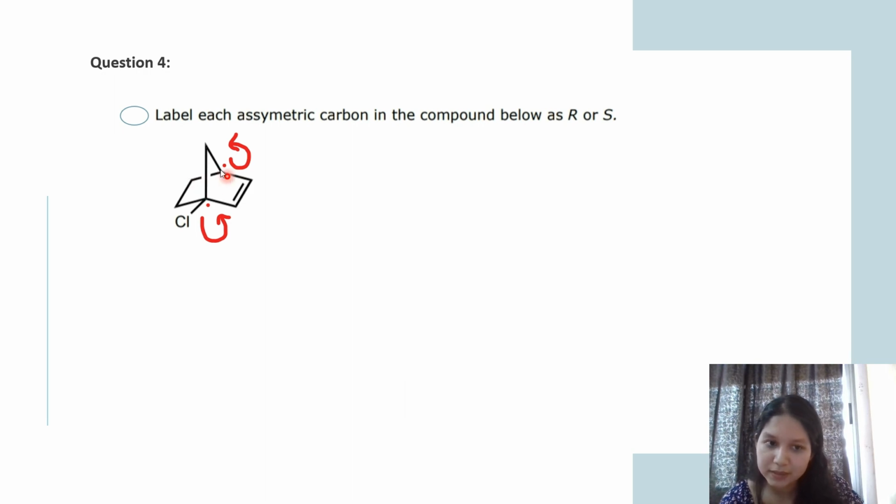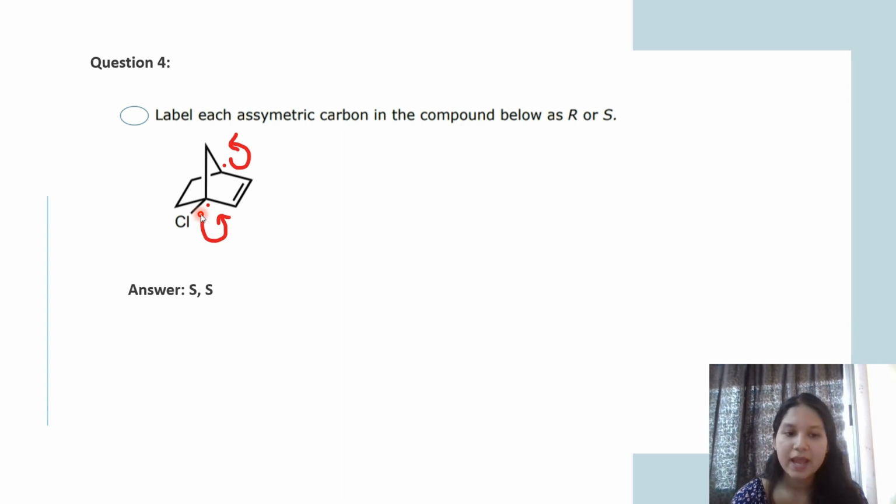So just like in this case, this will be of first priority, this will be of second priority, this will be of third priority, and this CH2 facing one will be of fourth priority. So if we move from 1 to 3, 1, 2, 3, we are moving in an anti-clockwise fashion again.